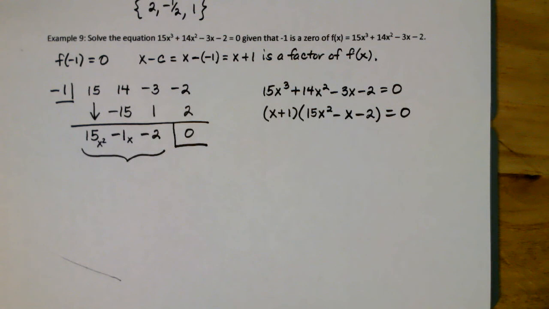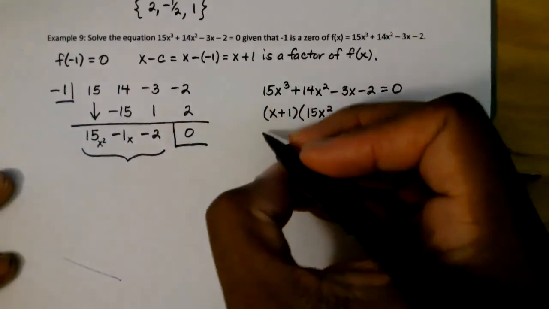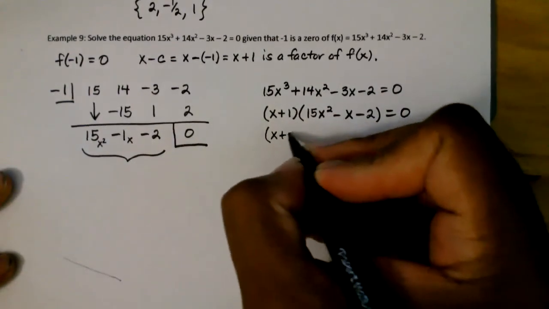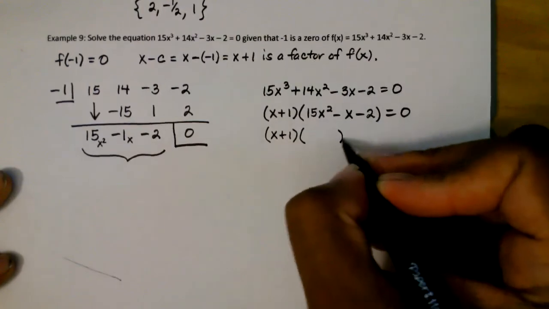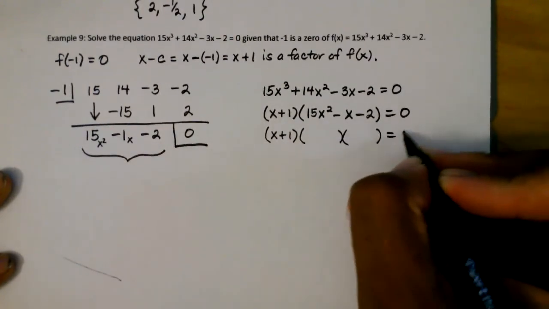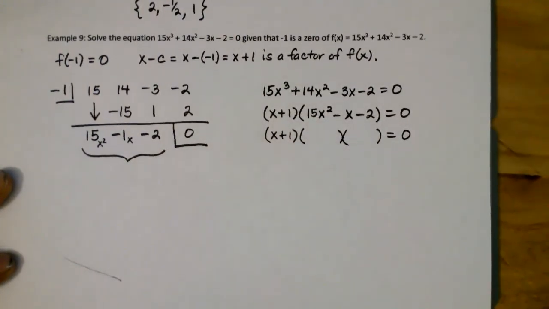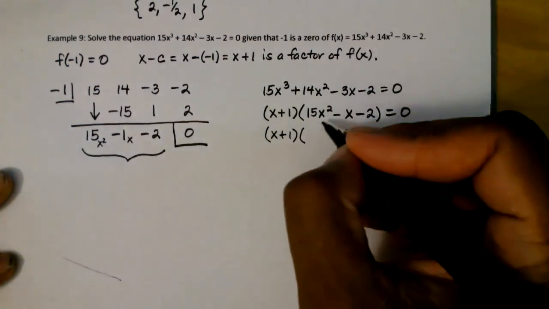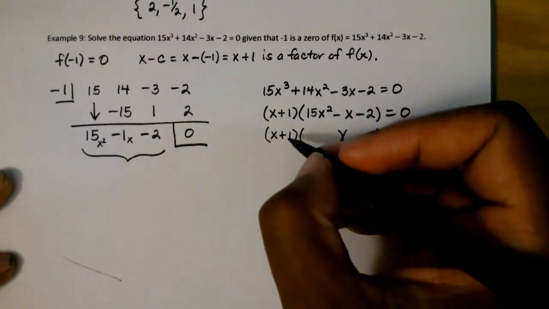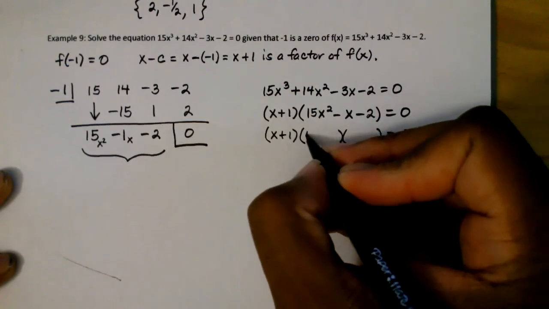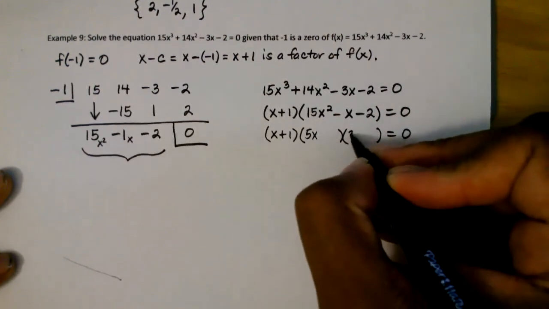Now that 15x squared minus x minus 2, I'm going to try to factor that into two binomials. So I'm going to bring down the x plus 1. That 15x squared, I'm going to break up as 5x and 3x.